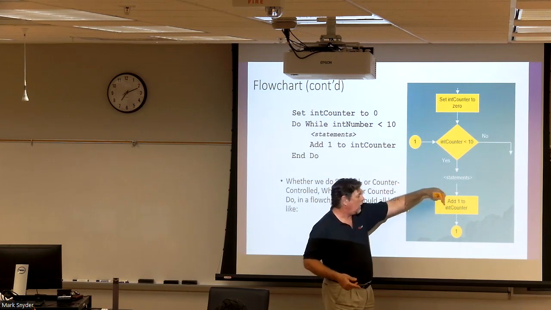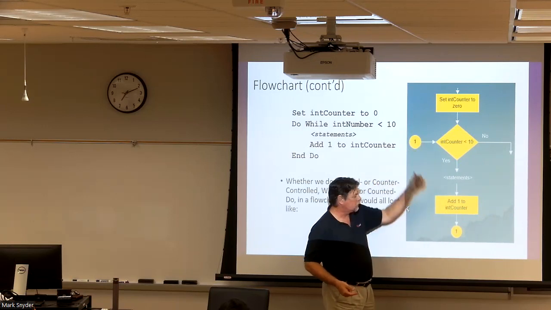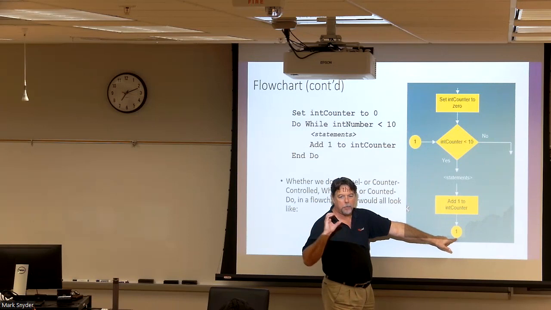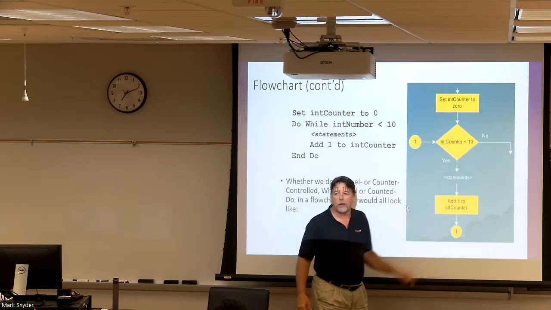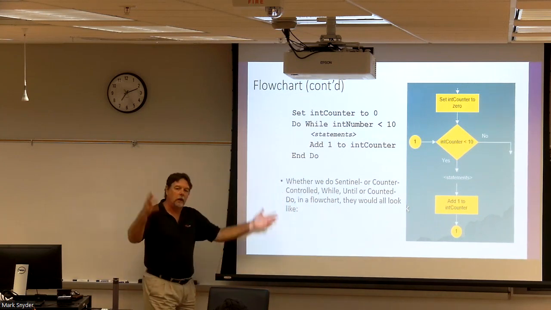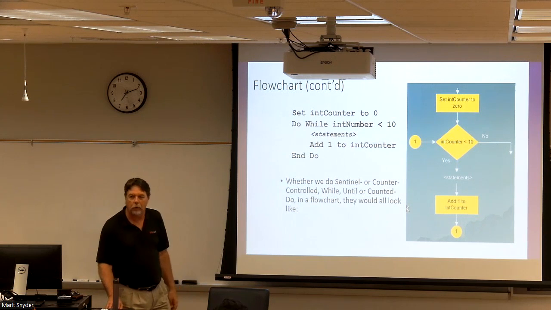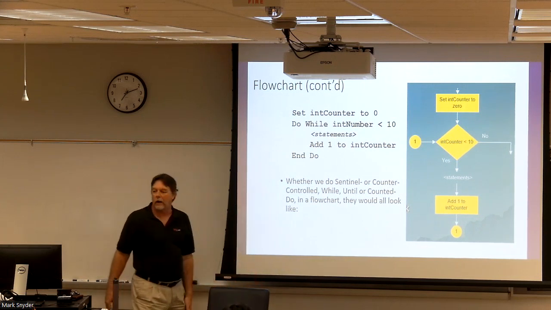But if my arrow can only go down, that means I can't draw it back upwards. So I have to draw it down to a jump circle and then back up here and then I can go to the right from that circle. But so we don't have to do that. We can get away with that a little bit. I'm not going to be that rigorous with you, but Flowgorithm will do it however it wants to.